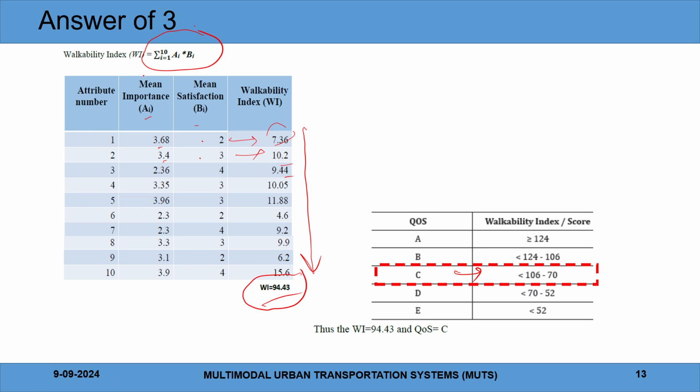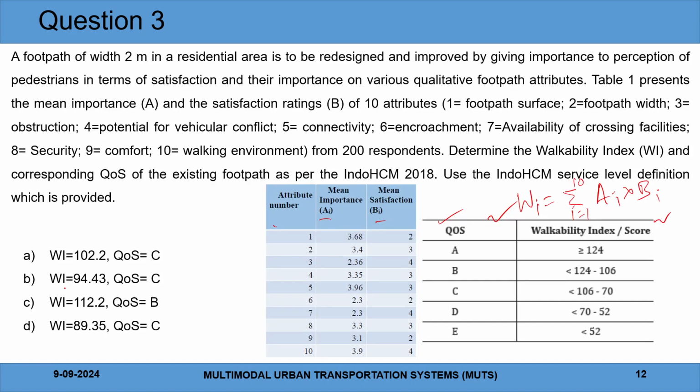So we have to calculate this walkability index by this formula, and it is coming 94.43, which corresponds to quality of service C. So the correct answer will be 94.43 and C. That is correct.